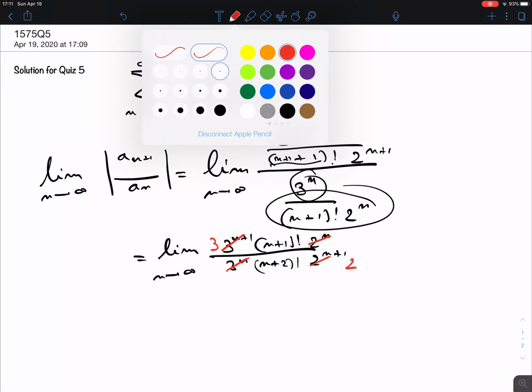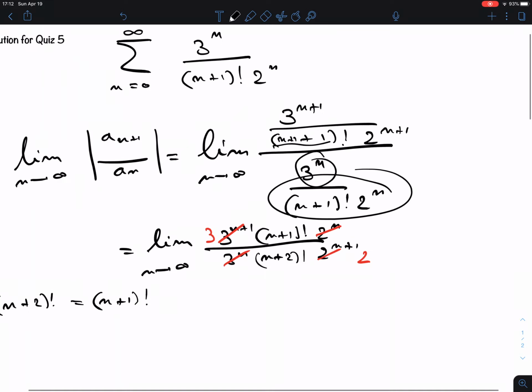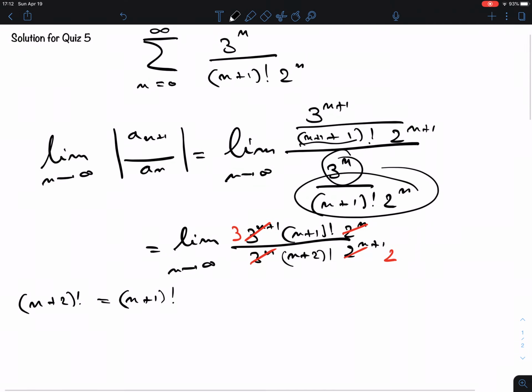Okay, so the only thing that had to be done here is rewrite n plus 2 factorial, the biggest one, in terms of the smaller one, n plus 1 factorial. So you ask yourself, what do I have to do to go from n plus 1 factorial to n plus 2 factorial? Well, it's only one step from n plus 1. What is missing is the factor n plus 2.